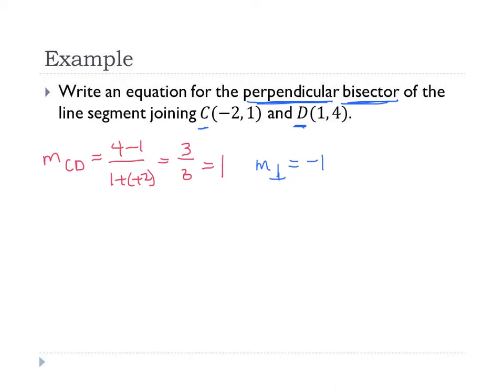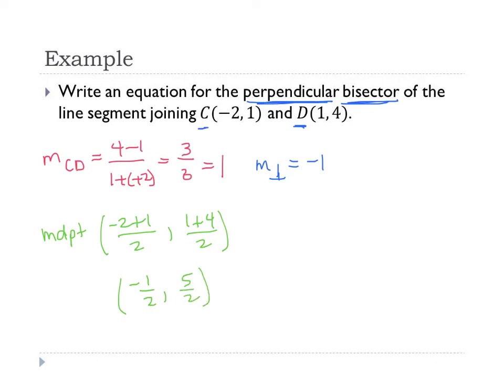So I have a slope, then it's going to go through the midpoint. So for me to find the midpoint, okay, we're going to add the x's and divide by 2, and add the y's and divide by 2. And so we get negative 1 half and 5 halves.